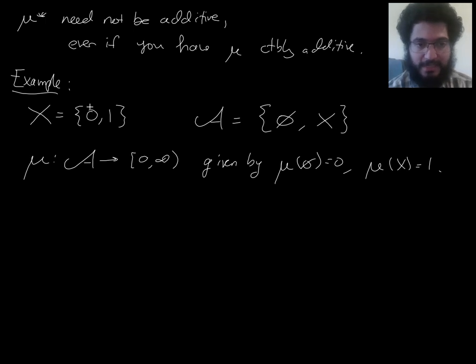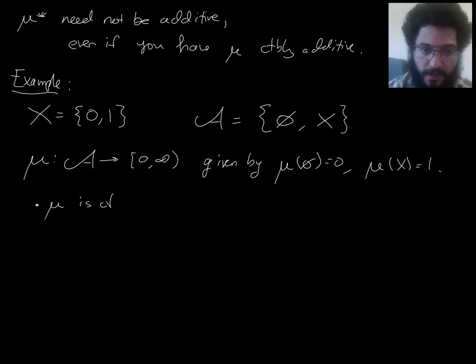So let's say X is just a 2-point set, 0 and 1, and let A be this sigma algebra. This is one of the most trivial sigma algebras you can have. It consists of 2 out of the 4 possible sets it could have had. And then let mu be this non-negative function which sends the empty set to 0 and the full set to 1. Then I claim mu is countably additive.